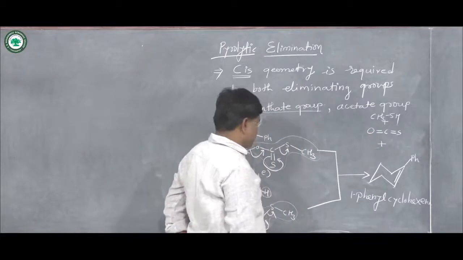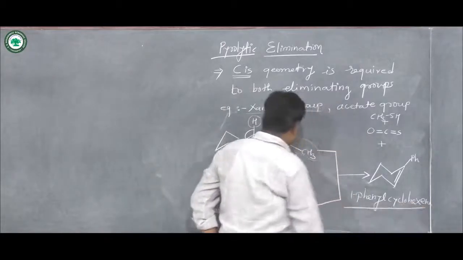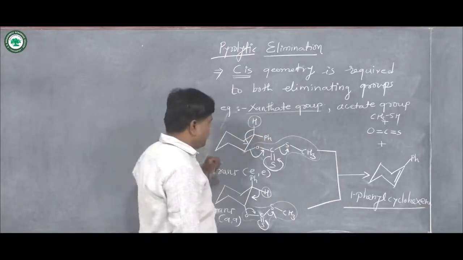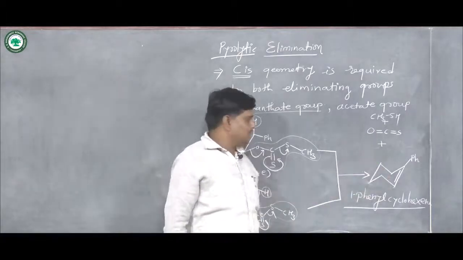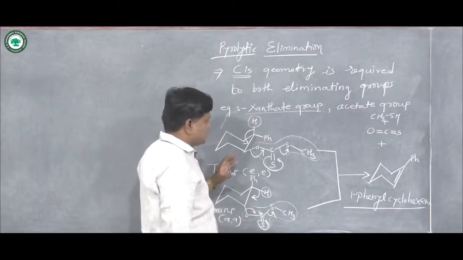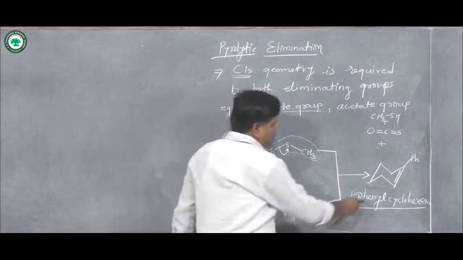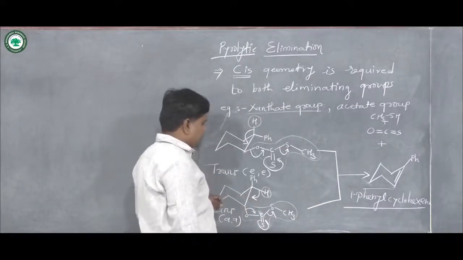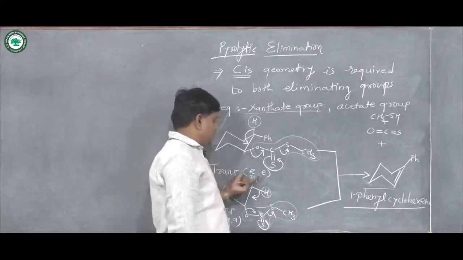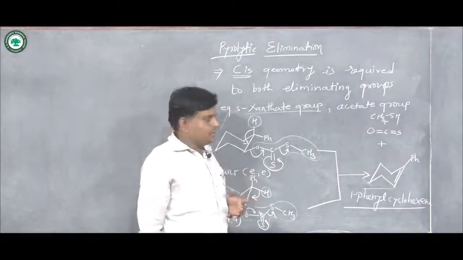Okay, so this is one of the important points here. So how do we get that product having a double bond, a single product from both the trans axial and axial equatorial substituents?